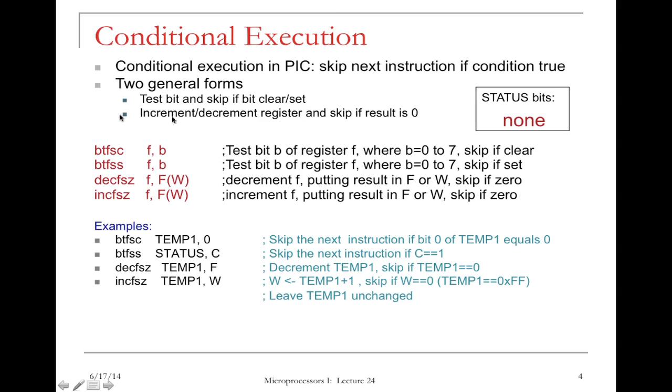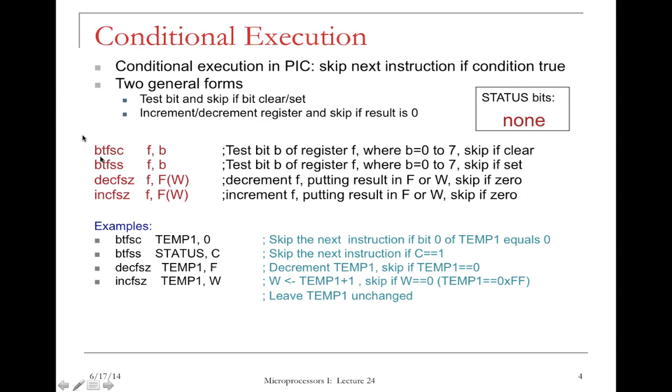There are two general forms: test bit and skip if bit is clear or set, and the other format is increment or decrement register and skip if the result is 0. Let's begin with the first, BTFSC. Okay, let me explain these letters one by one.